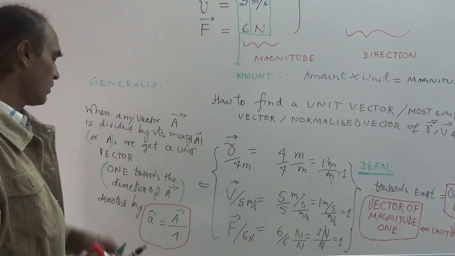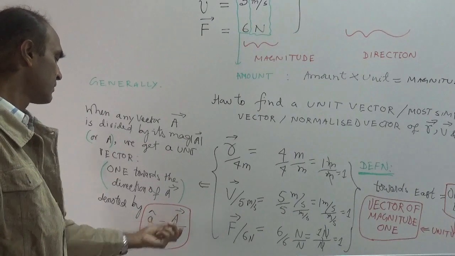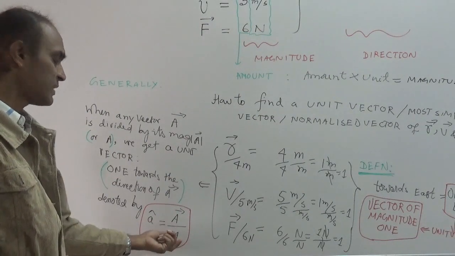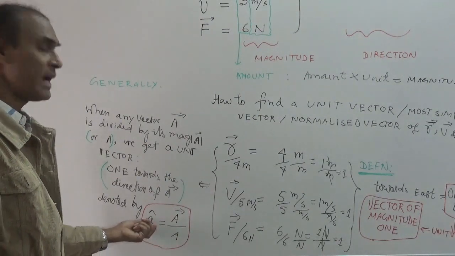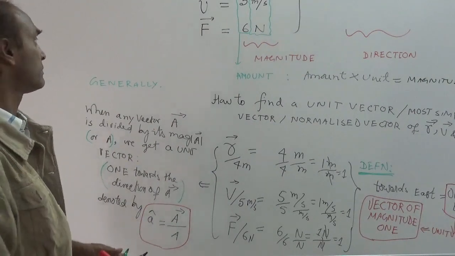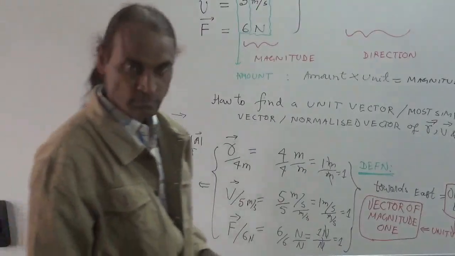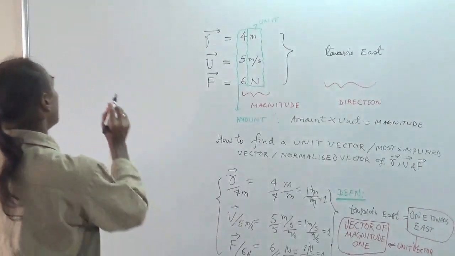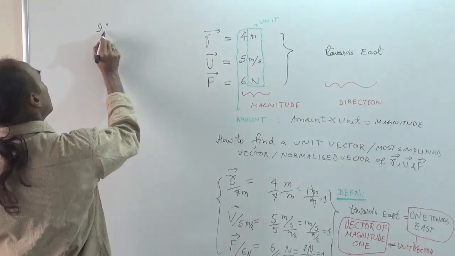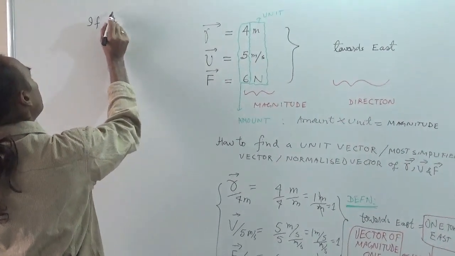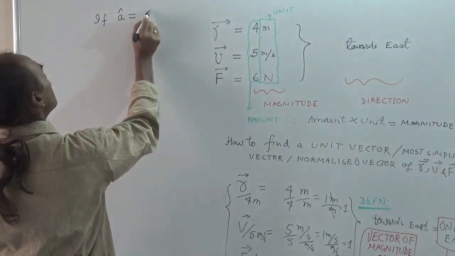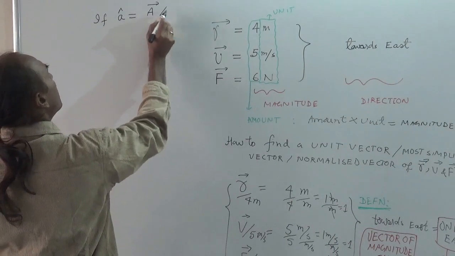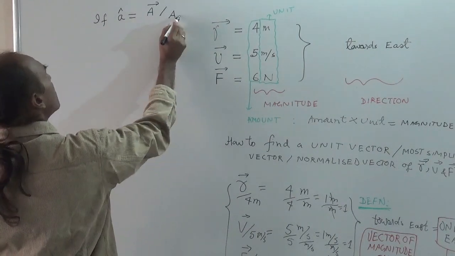If this is true, then any vector can be given as the product of its magnitude and its unit vector.